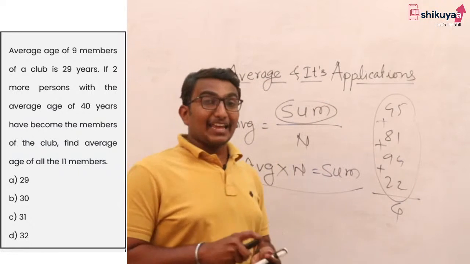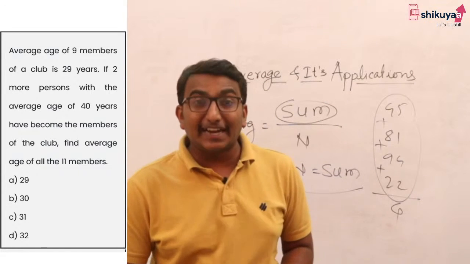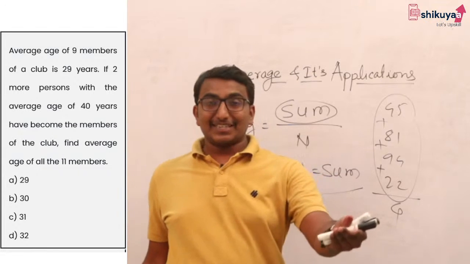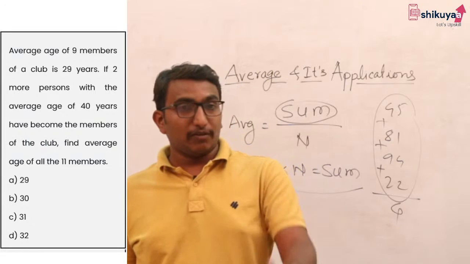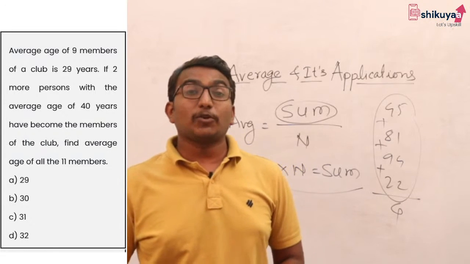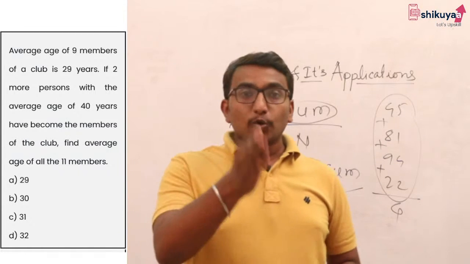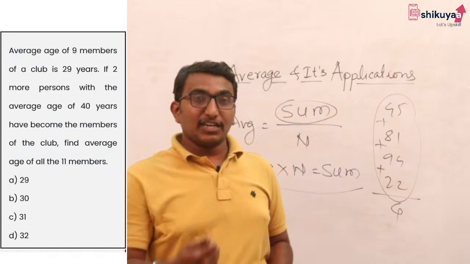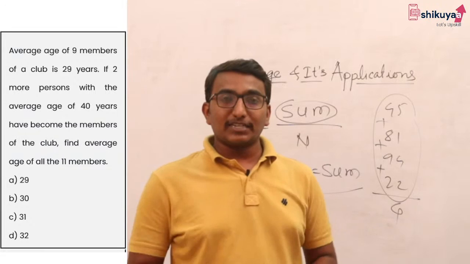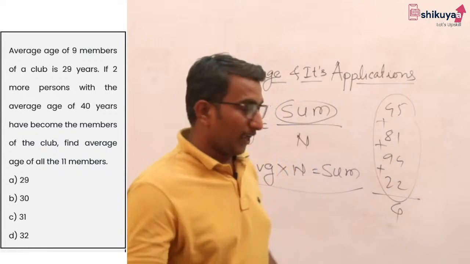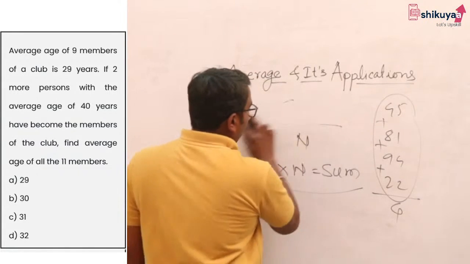Now there is one more concept, which is the weighted average, which we were using while solving the last 5 to 6 problems. I urge you to download the Shikuyaa application and watch all the concept videos on weighted average. You will be able to understand the concept more clearly. Okay, let us go to the next problem.